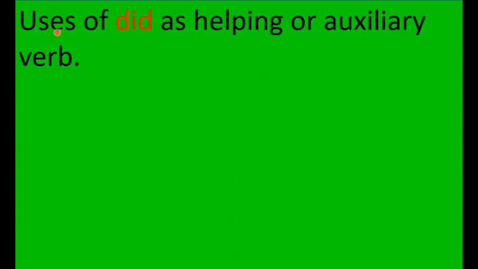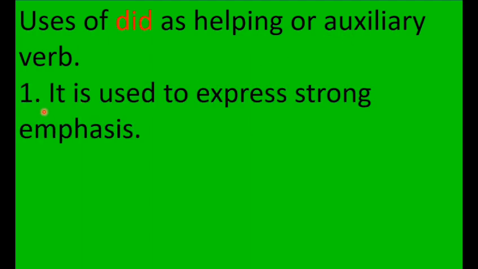Okay. Use of did as helping or auxiliary verb. Number one, it is used to express strong emphasis. Okay, example. I realized my mistake. Now, this one here, we have no helping verb. I'd just like to emphasize here, what is the difference between a sentence without did and a sentence with did? Okay, now, I did realize my mistake.